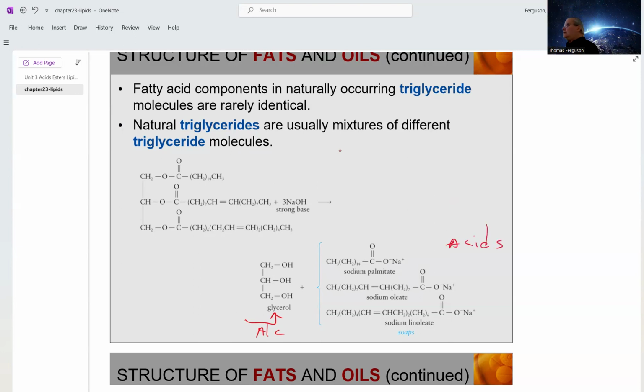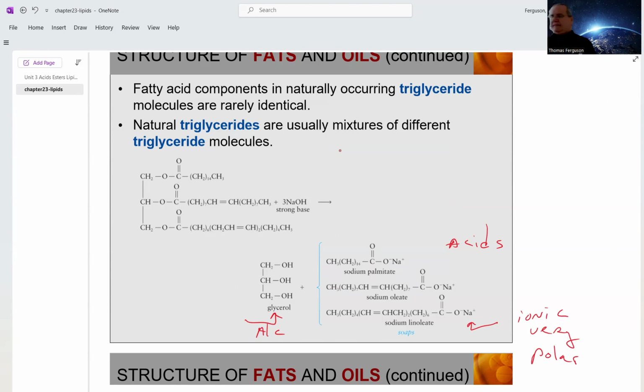And because it's in an alkaline environment, we end up making the acid salt. So this ends up being extremely polar. Because it's ionic, you cannot get any more polar than that.